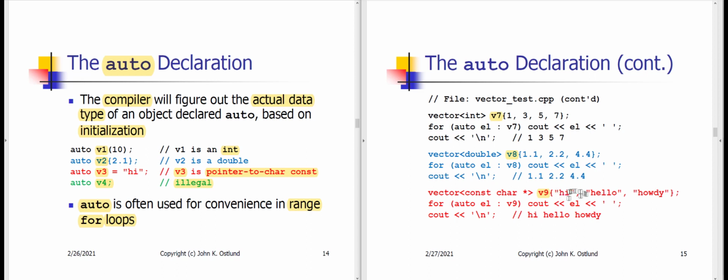So what we actually have here is the address of the little h in hi null, followed by the address of the little h in hello null, and finally the address of the little h in howdy null. So we've got 3 addresses of character constants, and those are in the vector v9.